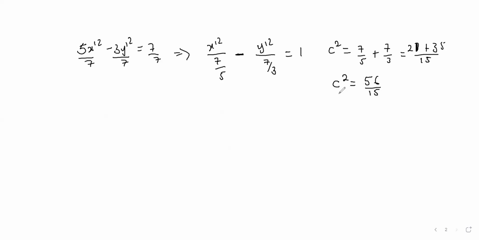Can we simplify? Not so sure. No. So c is going to be plus or minus this very root. Yeah. And then what else do we need? We have our a, the root of 7 over 5. Our b, the root of 7 over 3. So we can sketch.